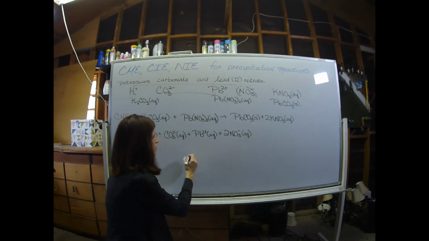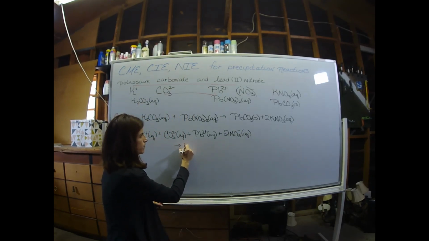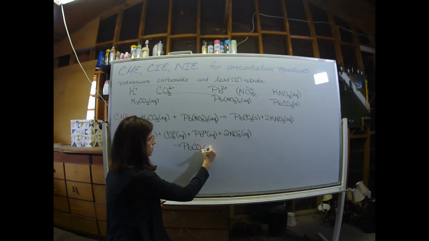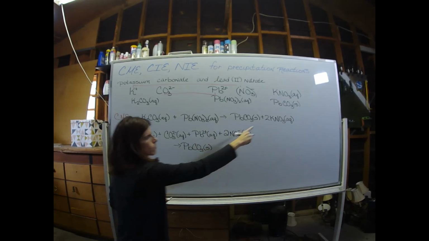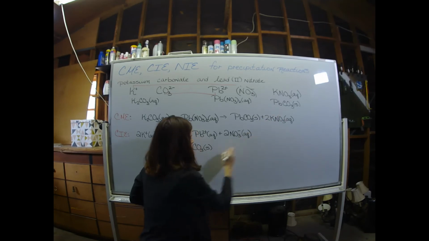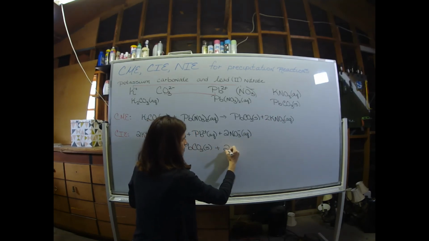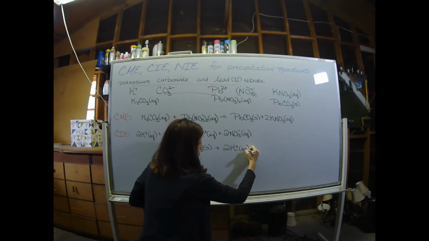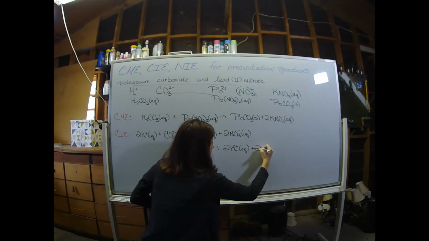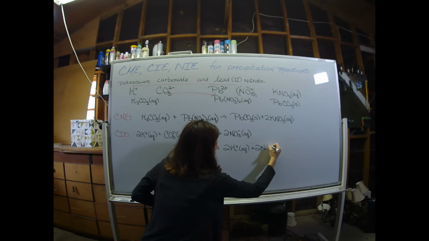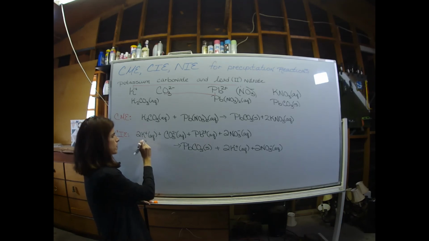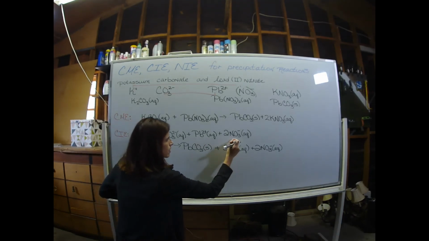On the product side, I have a solid. And then I'm going to distribute this 2 to both potassium ion and the nitrate ion. My spectators are potassium and nitrate.